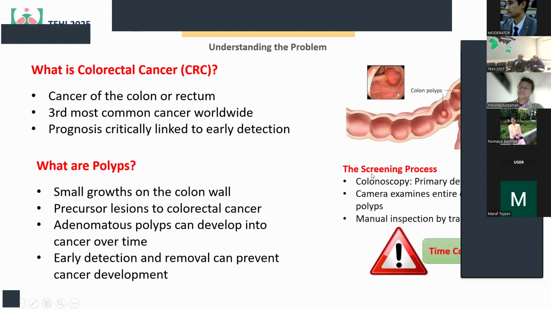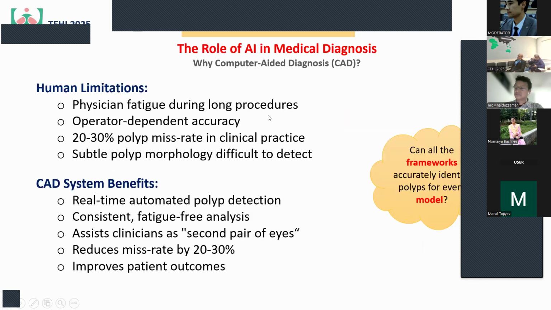These screening processes are really time consuming. There are limitations, like human factors in colonoscopy that lead to a 20 to 30% polyp miss rate. To address this, we use computer-aided diagnosis systems providing real-time, consistent, and vertigo-free analysis, ultimately improving patient outcomes.